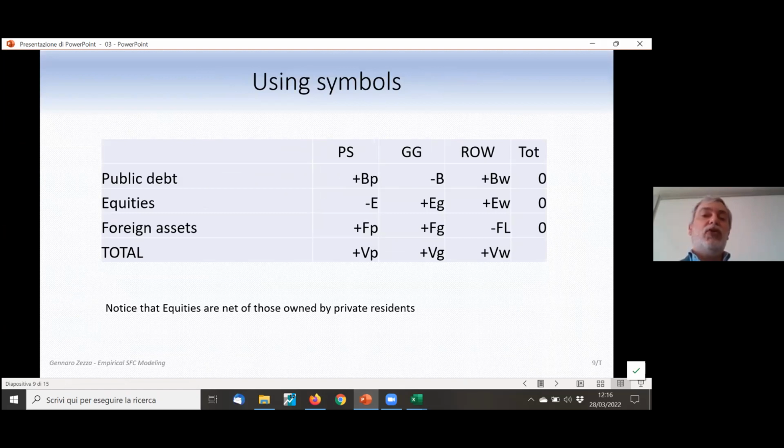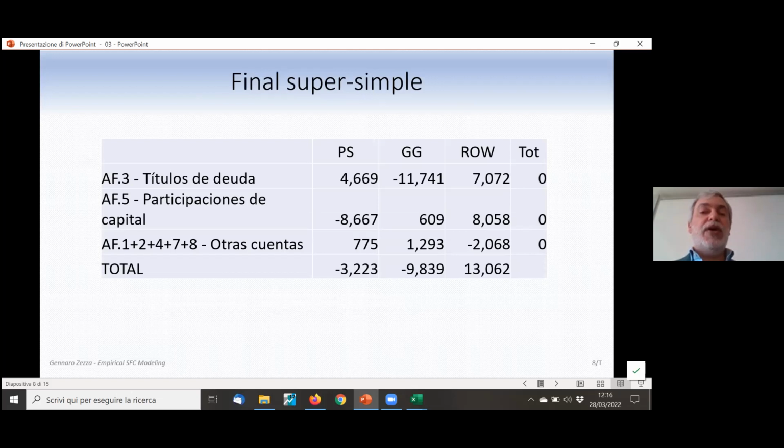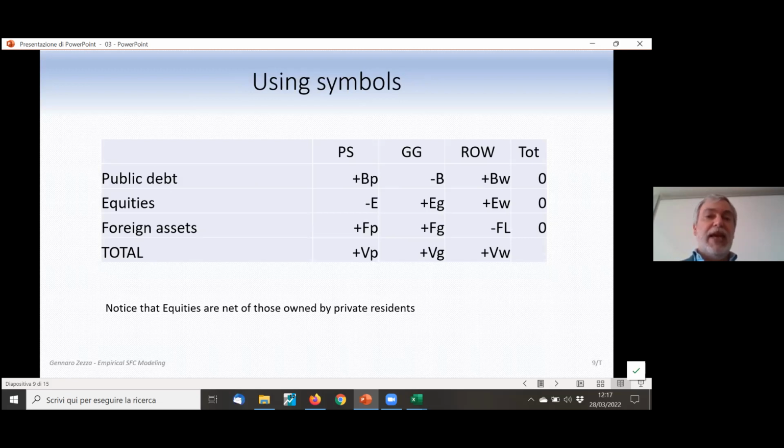So in our balance sheet, we will need to have a stock of wealth of the private sector, a stock of wealth of the government, which will probably be negative, will be a stock of debt, and the stock of wealth of the rest of the world, which again, if it's positive, implies a net borrowing position for Mexico. We will need to decide whether some of these variables like EG are relevant, e.g. the equities held by the government are a very small fraction, less than 10%, of the overall stock of equities, so we may choose to neglect them in our model.